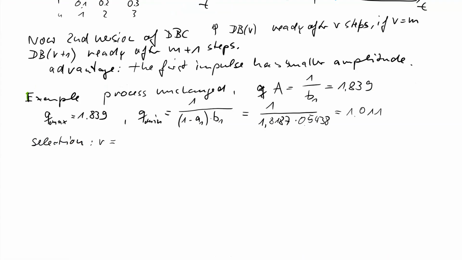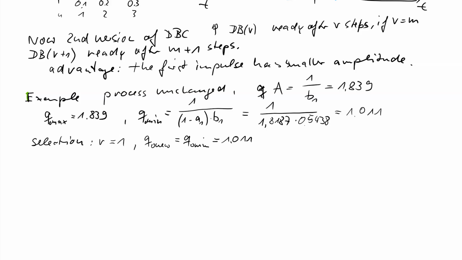That's what I want to know. So Q0 new is Q0 min, which is 1.011. Now we go through the equations to calculate the other new Qs.